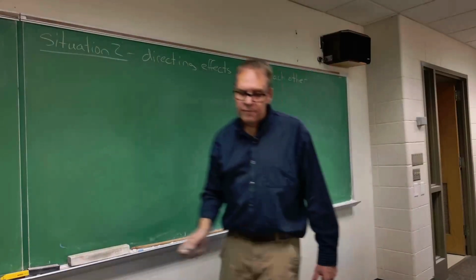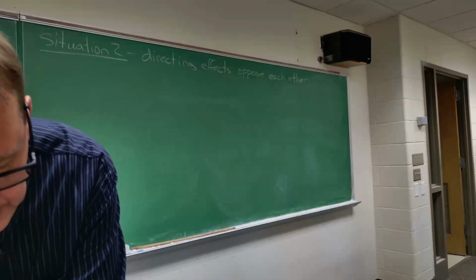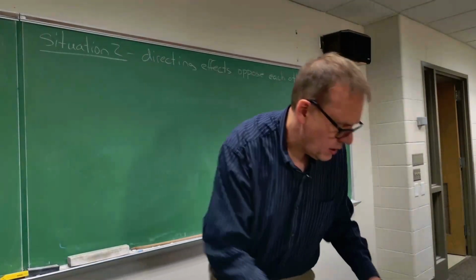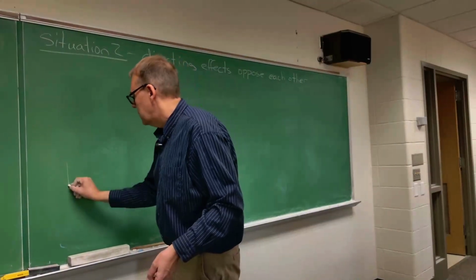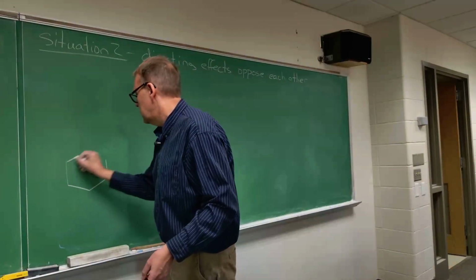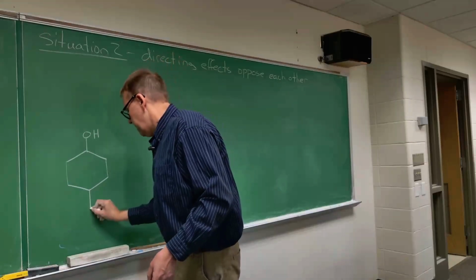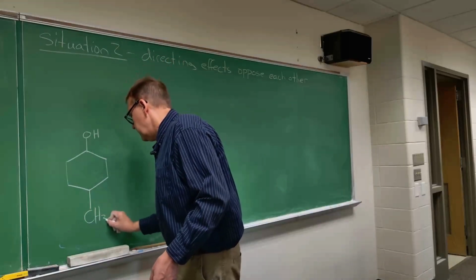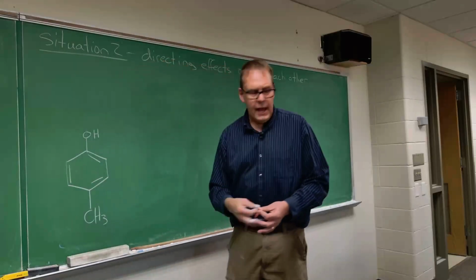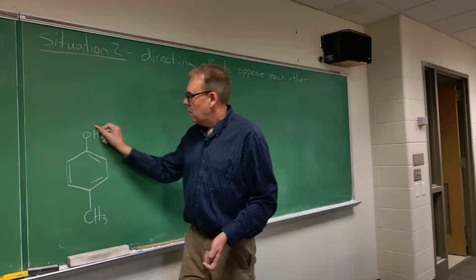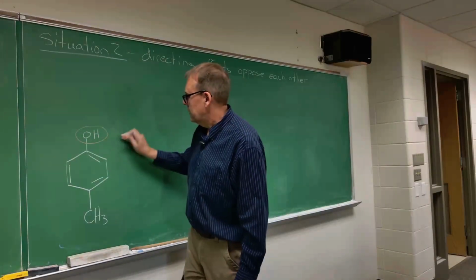As an example of this, I'll pull up a benzene ring where we have this kind of problem. This is a ring that has two different groups on it, and the OH is ortho-para-directing.